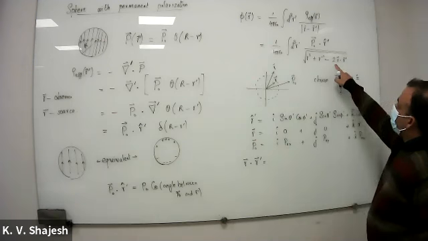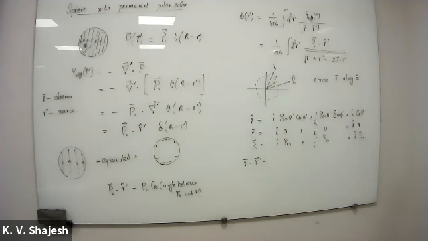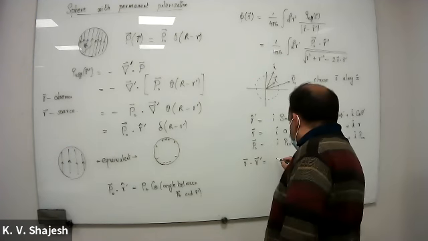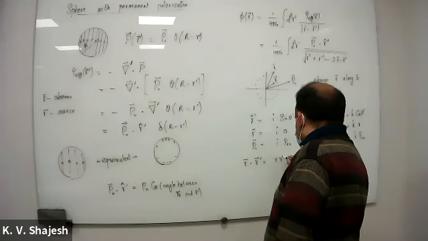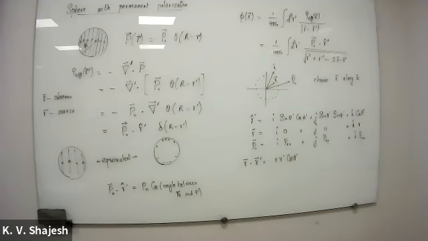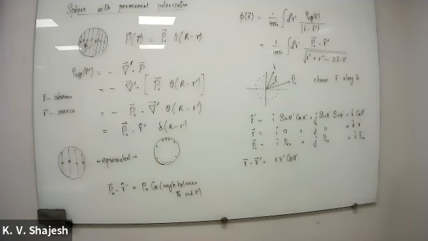That's one of the constructions that's showing up, and that is P naught over R prime. R hat dotted with R prime is simply R prime cosine theta prime, because this is a unit vector. So that's a simplification that otherwise, if we don't choose the z-axis here, this will be actually a complicated expression.